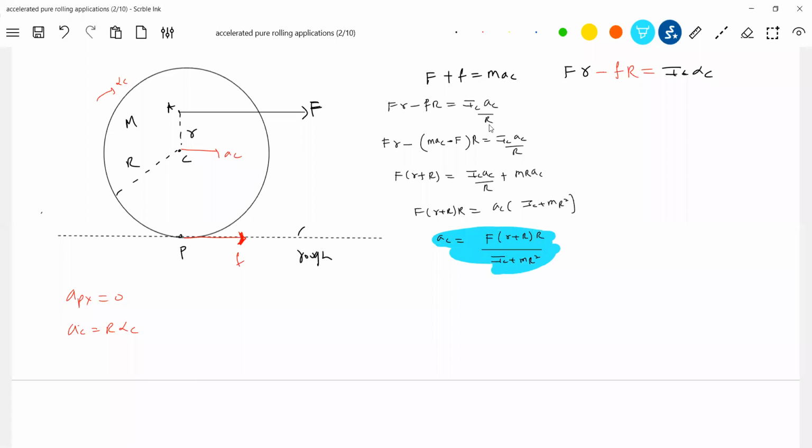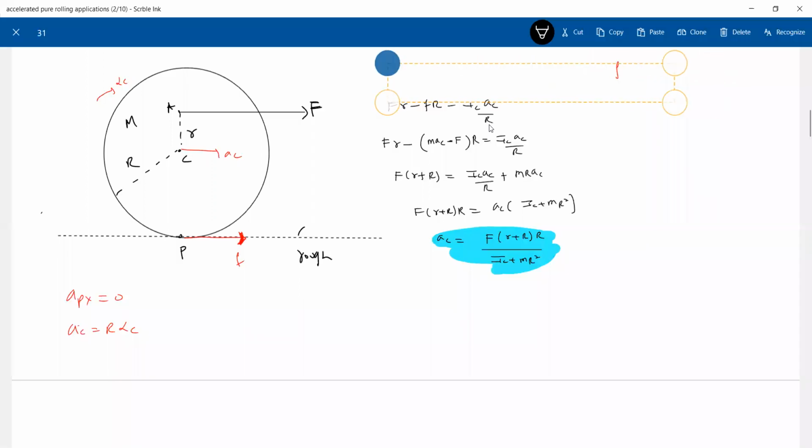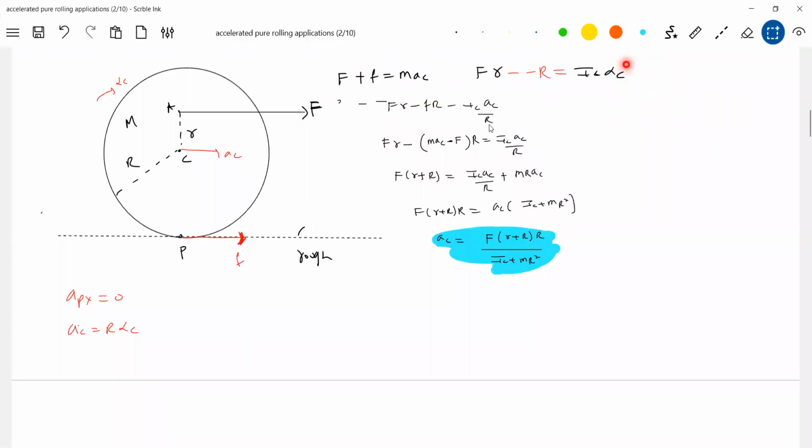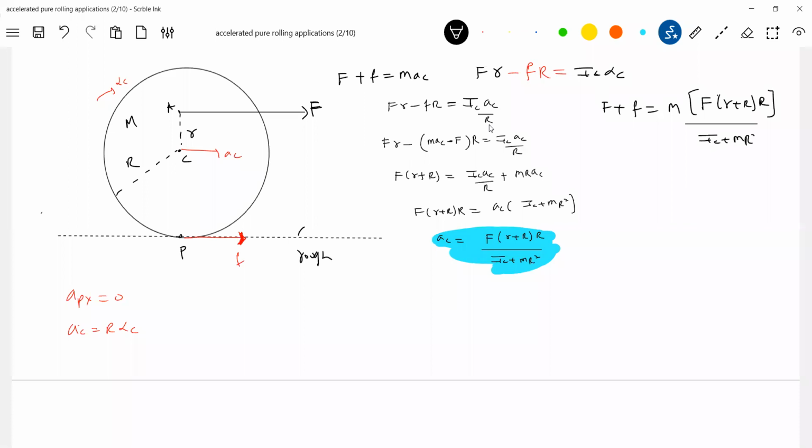Acceleration of center of mass. Okay, after this, straight away, this value of AC, let me substitute in either this equation or this equation. I'll keep everything in order. Okay, let's proceed. Substituting this value of AC in the first equation, F plus f equals M into F into (small r plus capital R), we have to solve this.